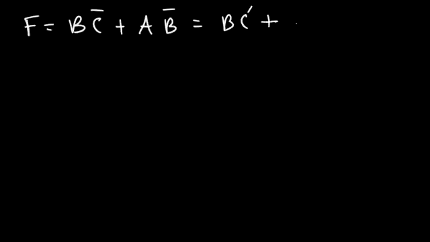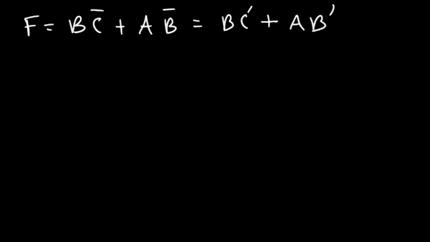Now let's take the function that we have and turn it into a circuit diagram. So the function that we have was B times the complement of C plus A times the complement of B. So we can write that as B C prime plus A B prime.